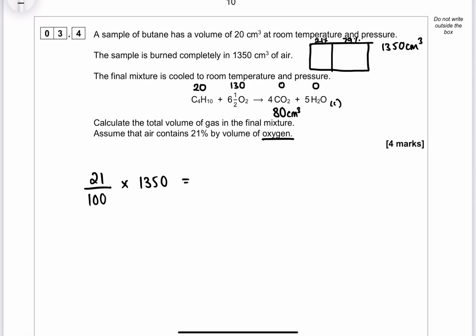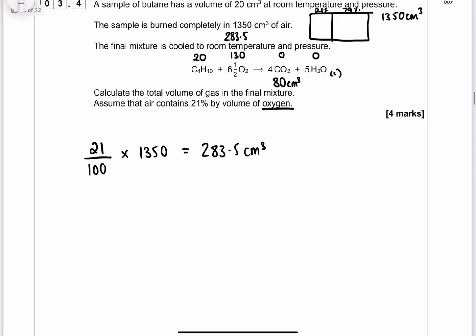So 21 over 100, so 21%. So that's 283.5 centimetres cubed, and I used 130 of it. So that was the volume of oxygen initially.